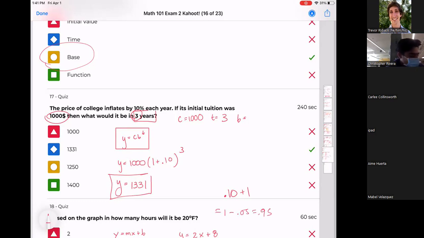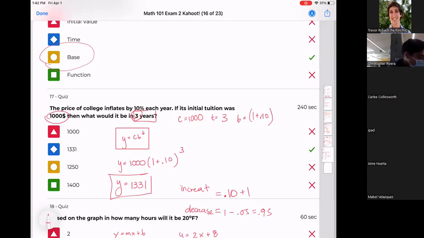That was because our exponential was decaying. Whereas if it's increasing or inflating, we're going to do plus 1 as opposed to 1 minus. So our B is going to be 1 plus 0.10.